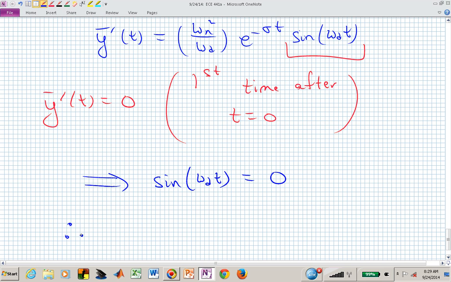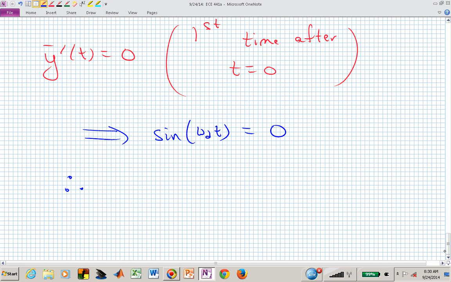What do we know about the argument of the sine if it's supposed to equal 0? It's zero, pi, or some multiple of pi, and the first one will be pi. That means we need omega sub d t to equal pi.